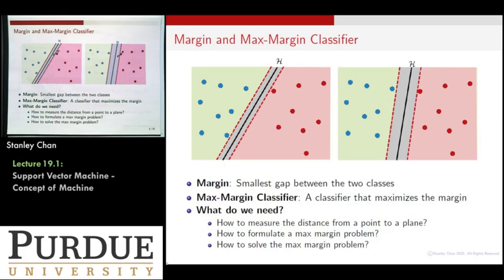Now, we are going to talk about the generalization later, but bear in mind that a max margin classifier is not necessarily the Bayesian optimum classifier. The Bayesian optimum classifier says that I'm going to minimize the probability of error. This one says that I'm going to maximize the margin.